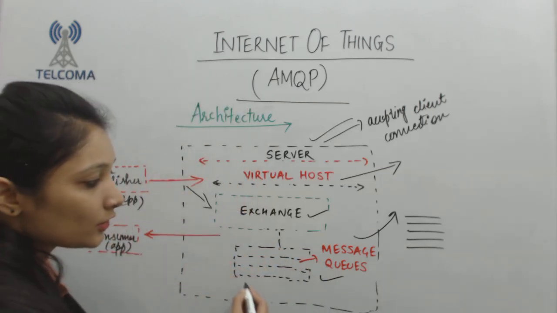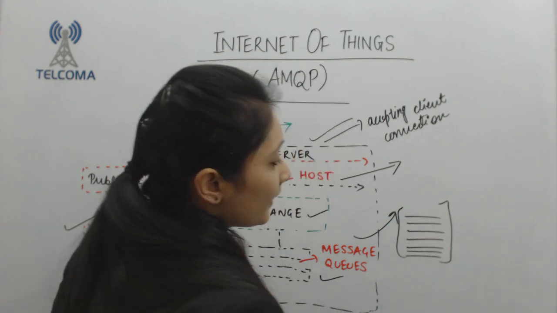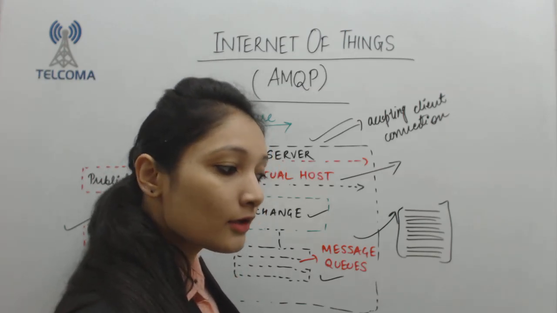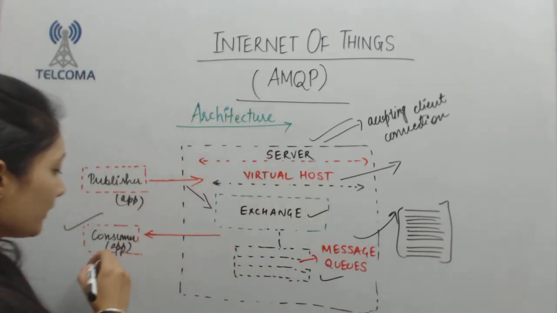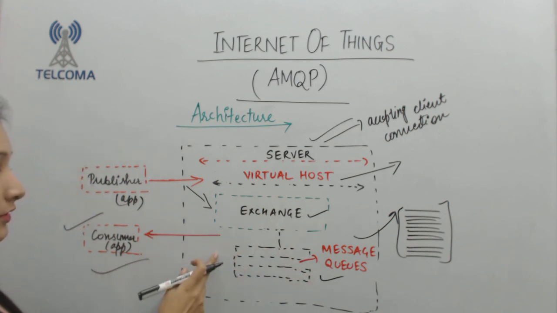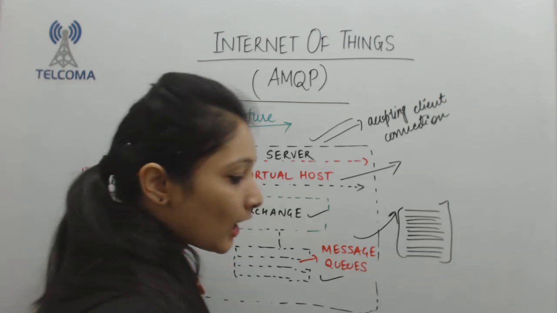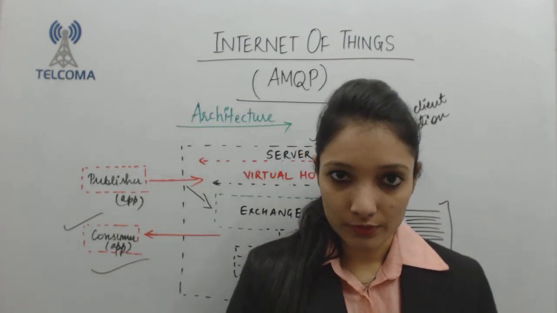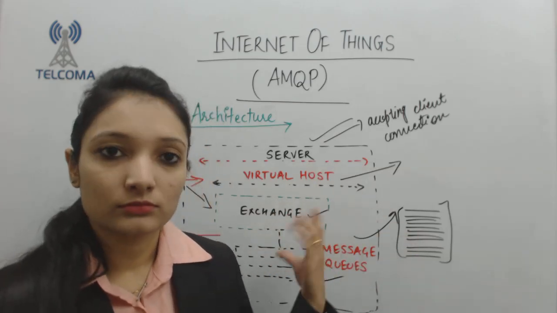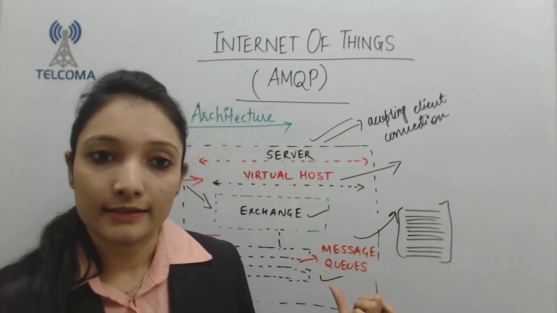So message queue is storing a number of messages in a pre-directed pattern, and then forwarding these messages to the required consumer applications. As we can see, this is the message queue, and it is forwarding these messages to the consumers. A message queue basically stores these messages and distributes those messages. So this is basically a message storing and distribution entity.